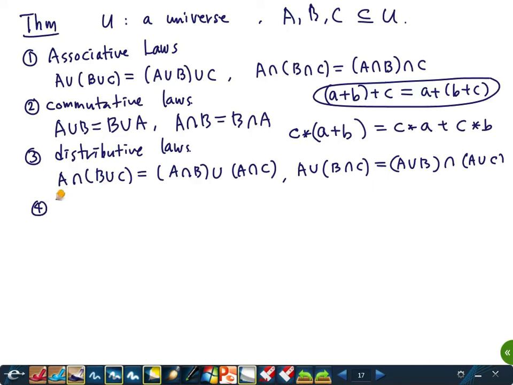And identity. The names are not that important. You need to remember this. You don't have to remember all the names. All right.